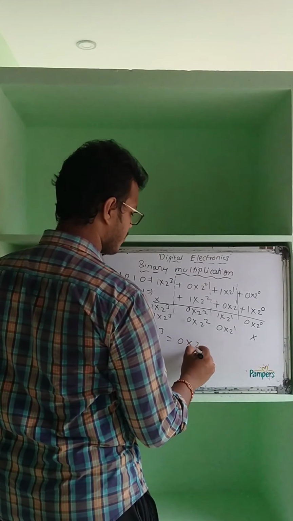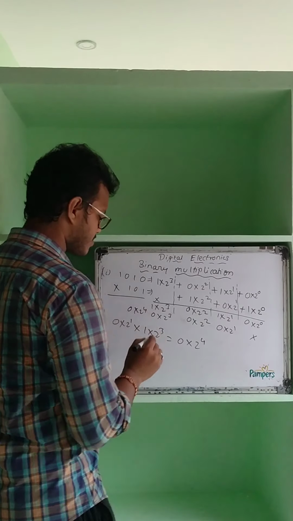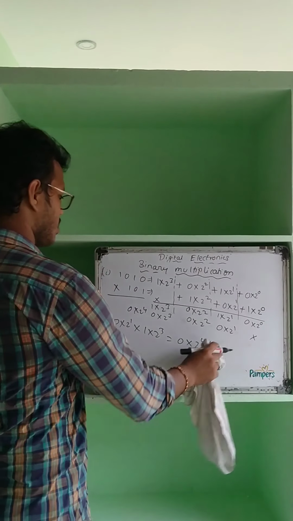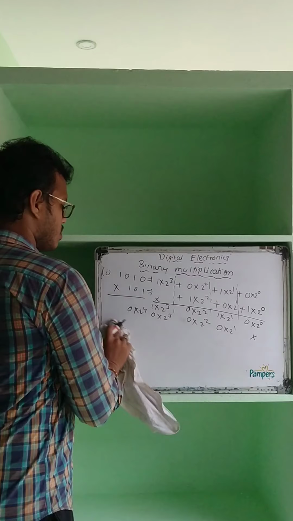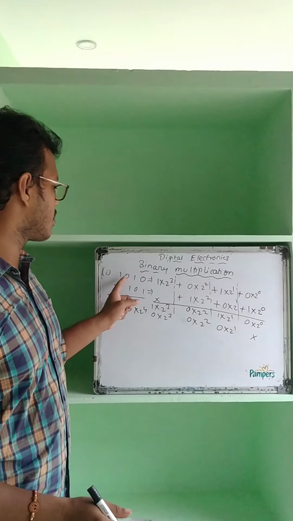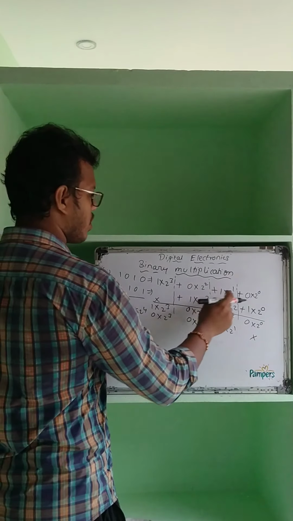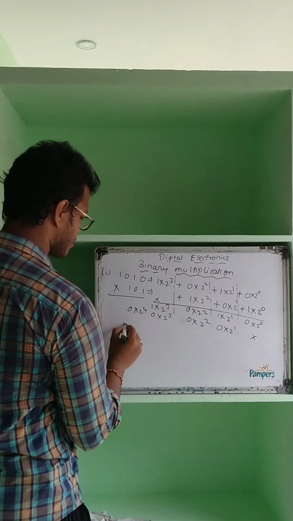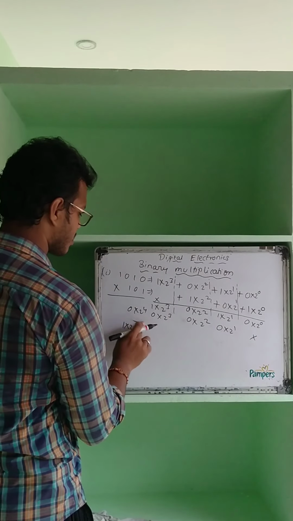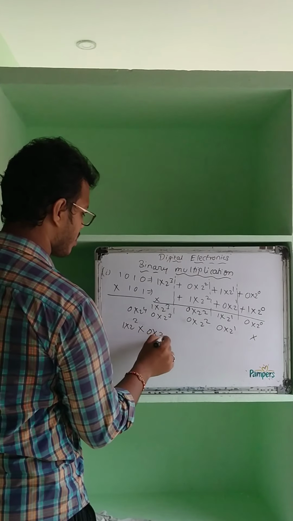So 2 power of 4. 2 into 2 power of 4. Okay. So the last one, this number is multiplied by 1. So 1 into 2 square, 1 into 2 square is multiplied by 0 into 2 power of 1.